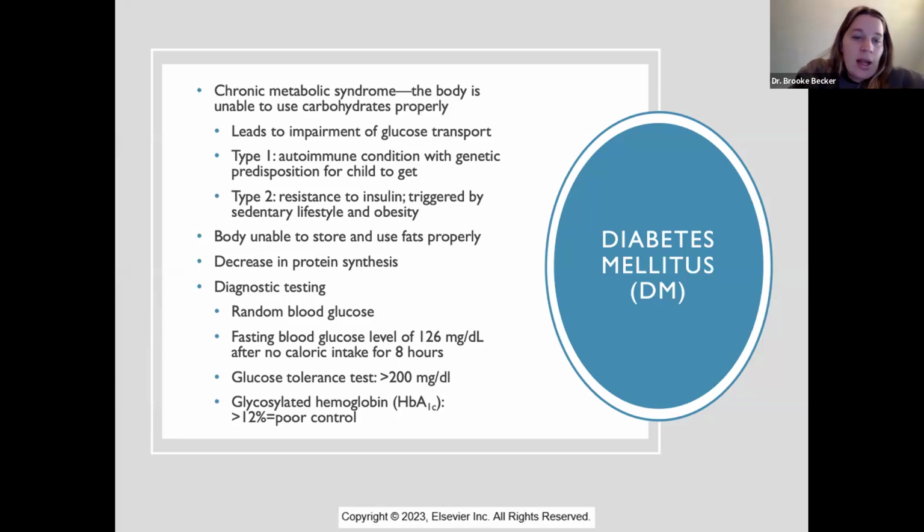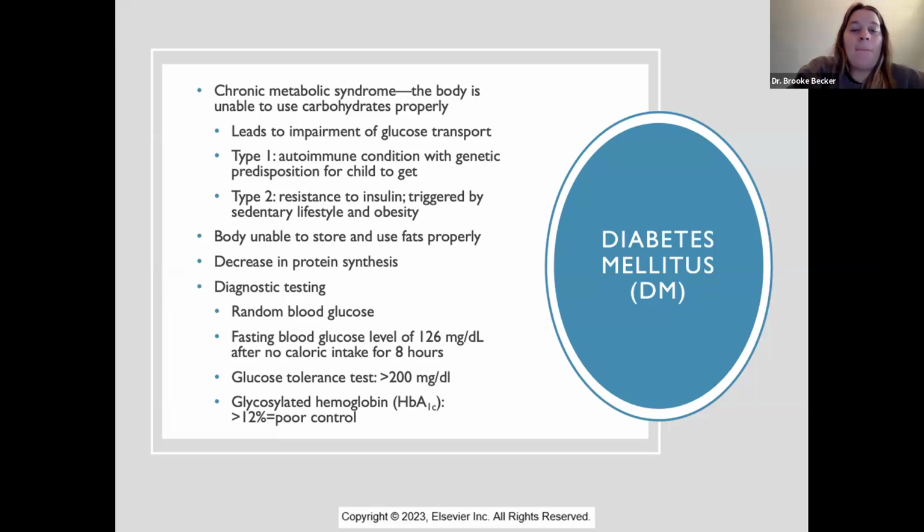To diagnose diabetes mellitus, they're going to get a random blood sugar. Fasting blood sugar, if it's over 126 milligrams per deciliter and they haven't had any calorie intake for 8 hours, you're able to diagnose diabetes.